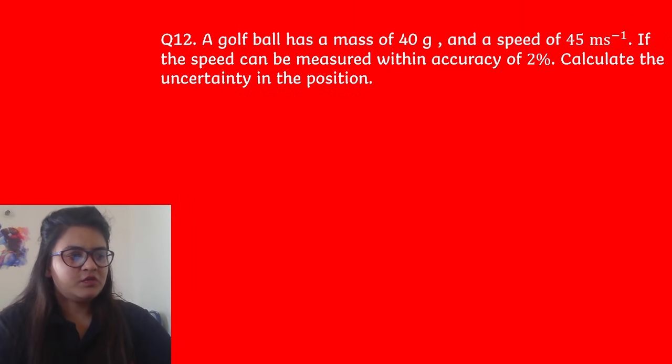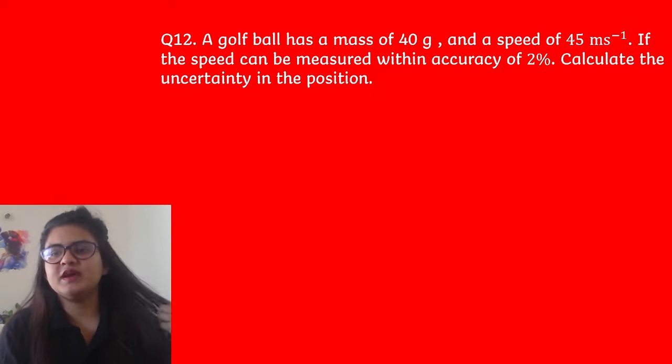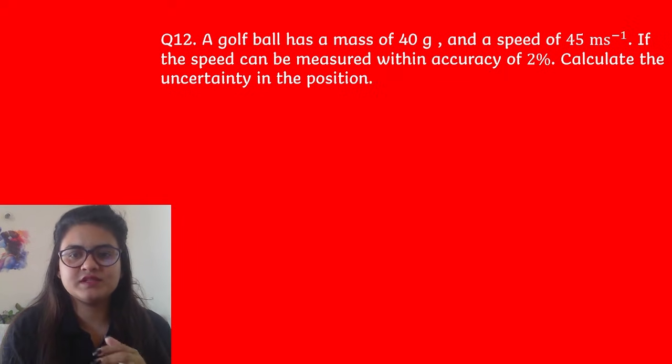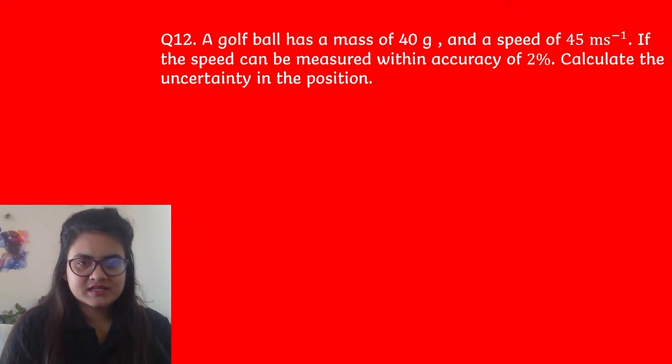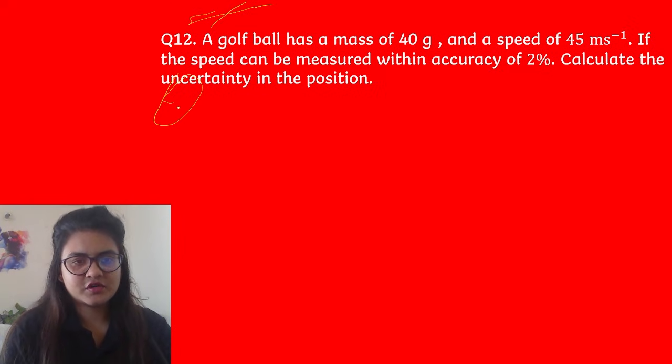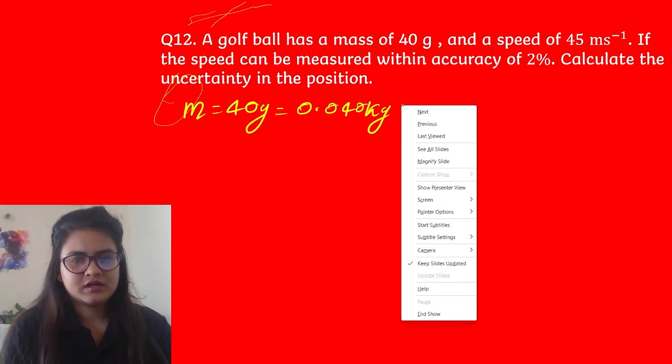This type of numerical is from the Heisenberg's uncertainty principle. A golf ball has a mass of 40 gram and a speed of 45 meter per second. If the speed can be measured within the accuracy 2%, calculate the uncertainty in position. Mass is given, that is 40 gram. I will take it into kg, it means 0.040 kg.